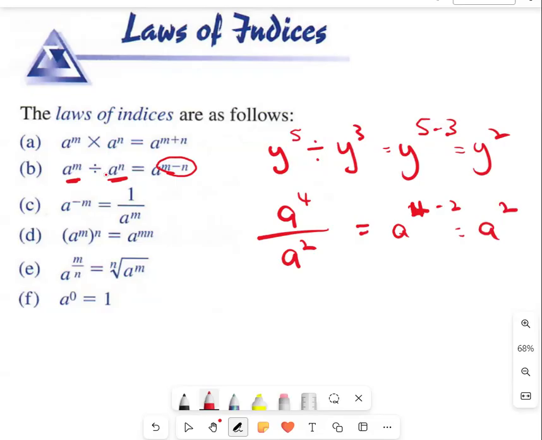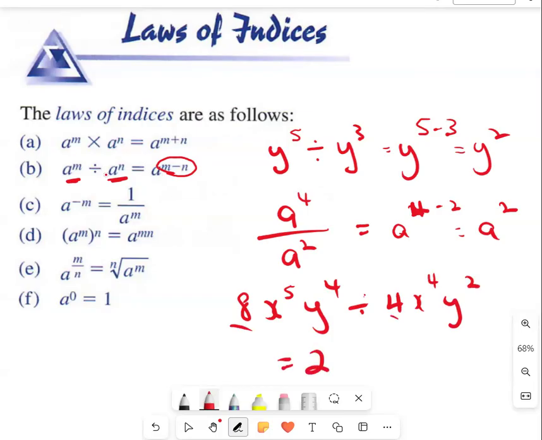And it doesn't have to have just one base. Let's say you have 8x to the fifth power y to the fourth power divided by 4x to the fourth power y to the second power. The 8 divided by 4 gives you 2. x to the fifth power divided by x to the fourth power, you subtract the indices, so you get x. y to the fourth power divided by y to the second power gives you y squared.